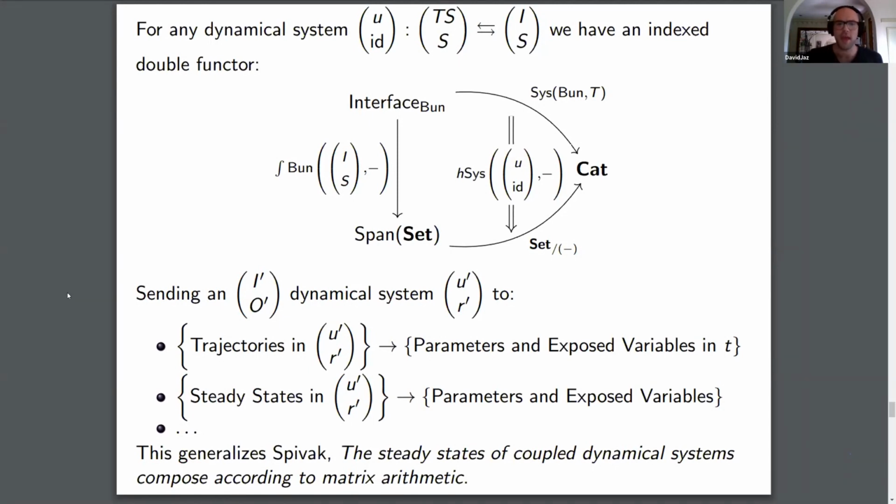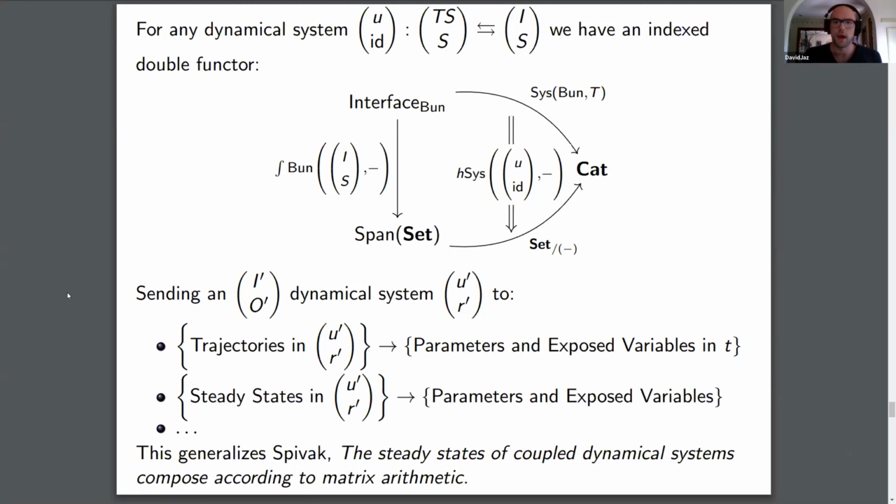It sends every span to the functor given by pullback, which is also known as the linear functor because it resembles matrix multiplication. So we might think of the slice category as vectors in our vector space, if we're thinking of matrices as spans. Then a 1 by n matrix is a vector.